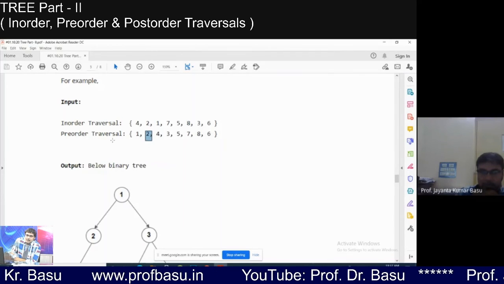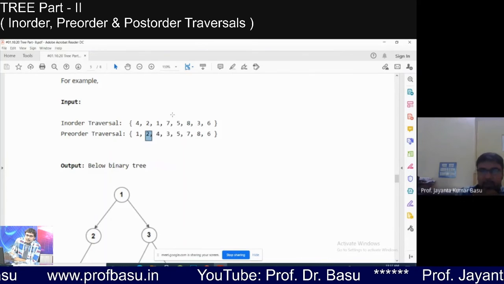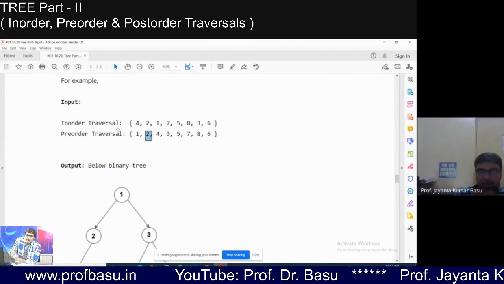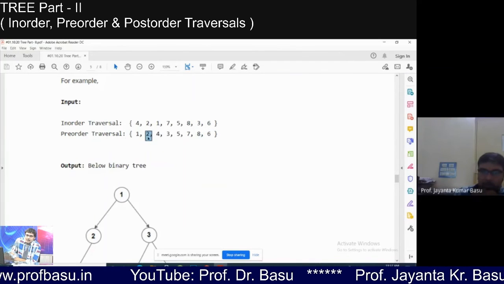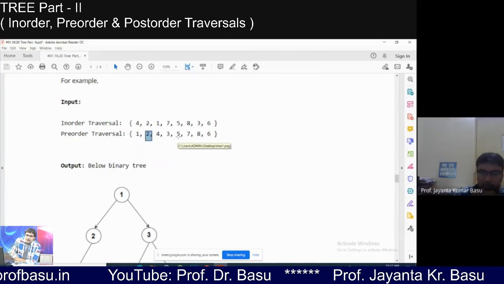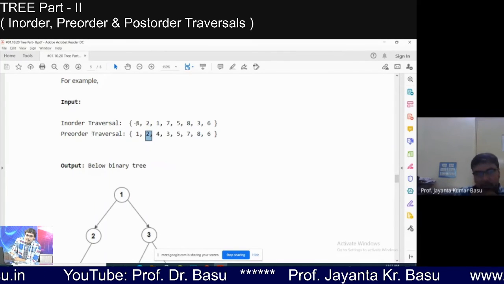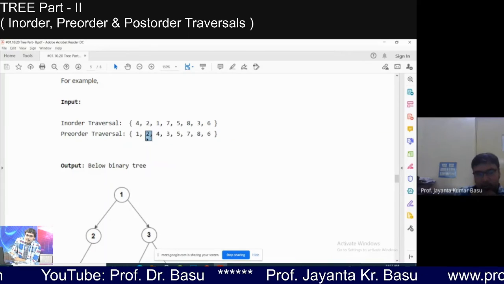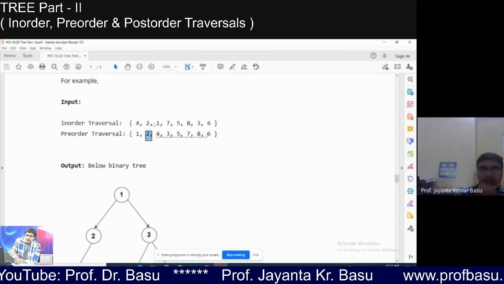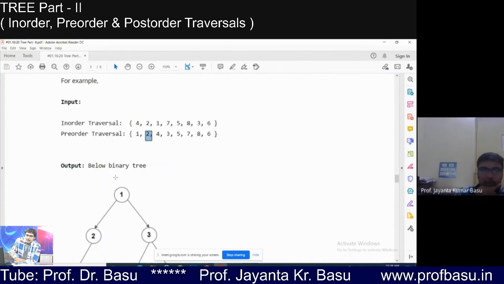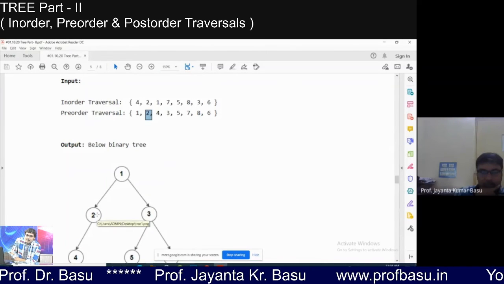The technique is: pick the nodes from the pre-order sequence and check their position in the in-order sequence. So check the position of 2 in the in-order. 2 comes on the left side of 1, so straight away you will write 2 here, right?